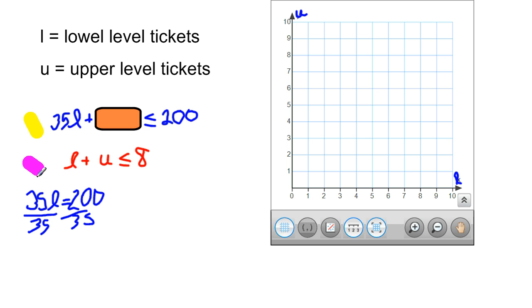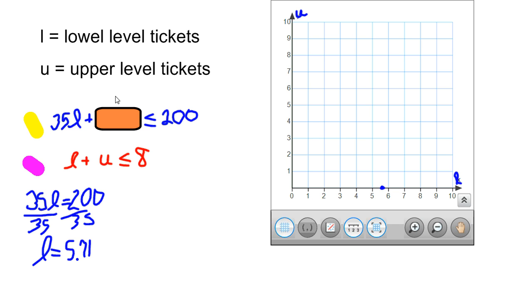Now when you do this, you're going to get a wild little decimal here. It's about 5.71, and it will repeat for a while. So I'm just going to go somewhere in between about 5 and 6, a little more than half, somewhere in there. I'm going to make a point.